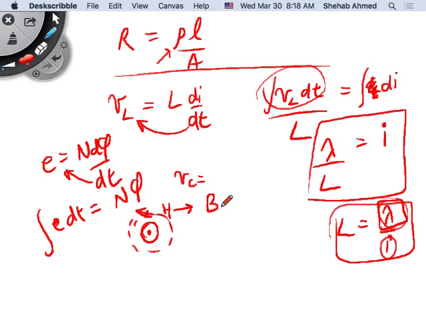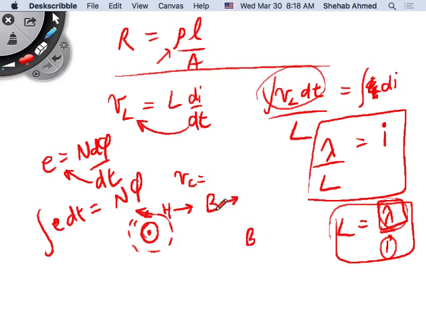We know the relationship between B and H is mu, and we assume that it's a constant, and we assume that this is air, so we dropped mu r, and we said this is just mu naught, for example, right? So from H, there's a corresponding B, and then B is equal to what?